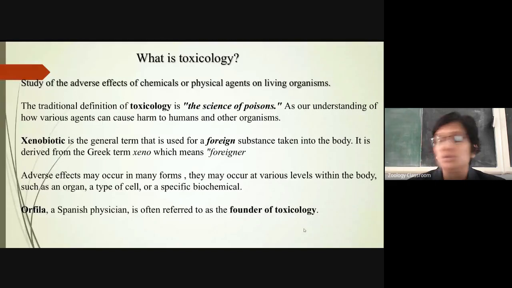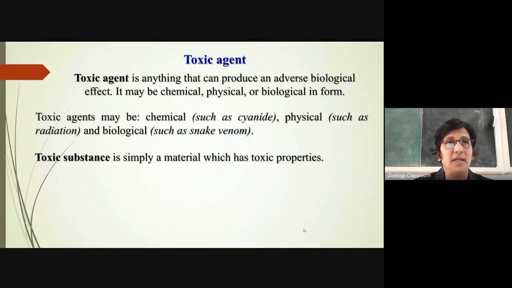I'm going to recap what we studied last time: what is toxicology, and the definition of toxicology. Toxic agents are poisonous substances which act on the body of animals and cause various dangerous effects.